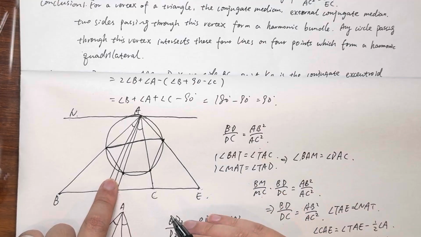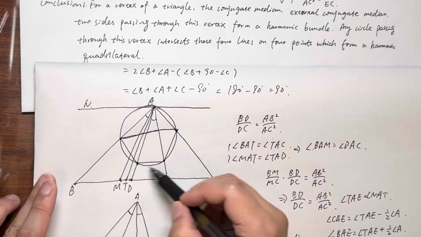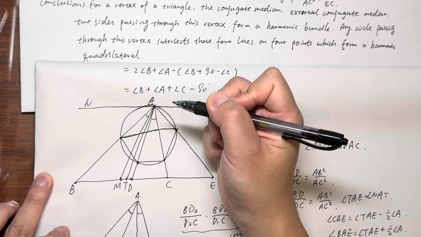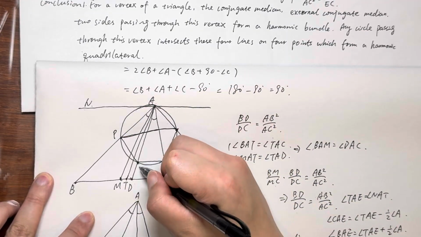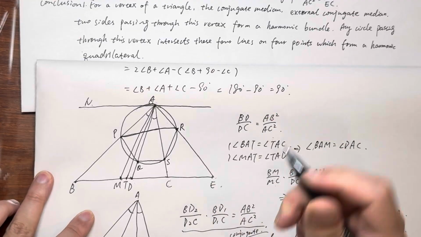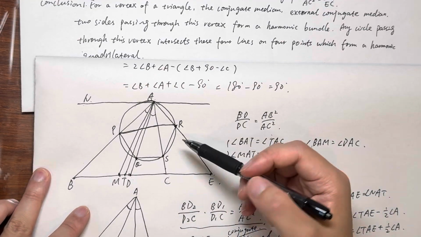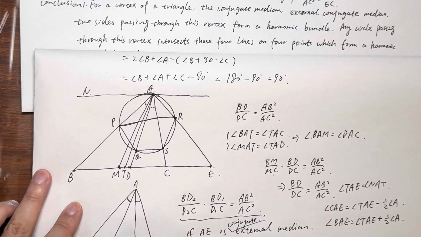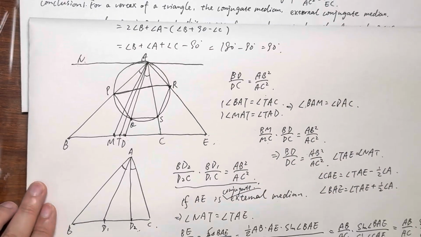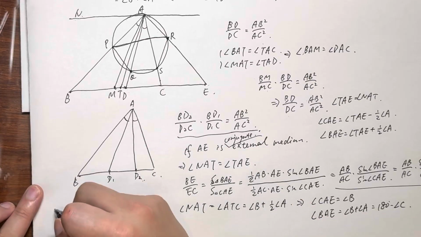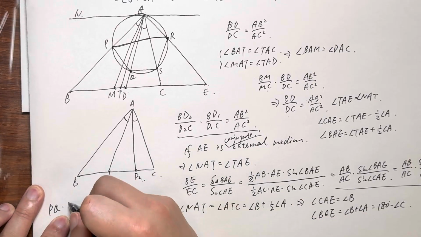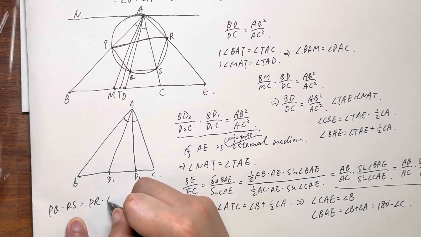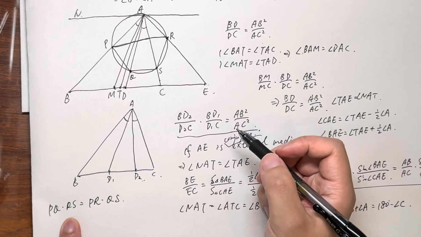So what we really want to do is to prove that this is a harmonic quadrilateral, which let's give some names here: P, Q, S, R. Okay, so we want to prove that PQSR is a harmonic quadrilateral, which means we want to prove that PQ times RS equals PR times QS, right?